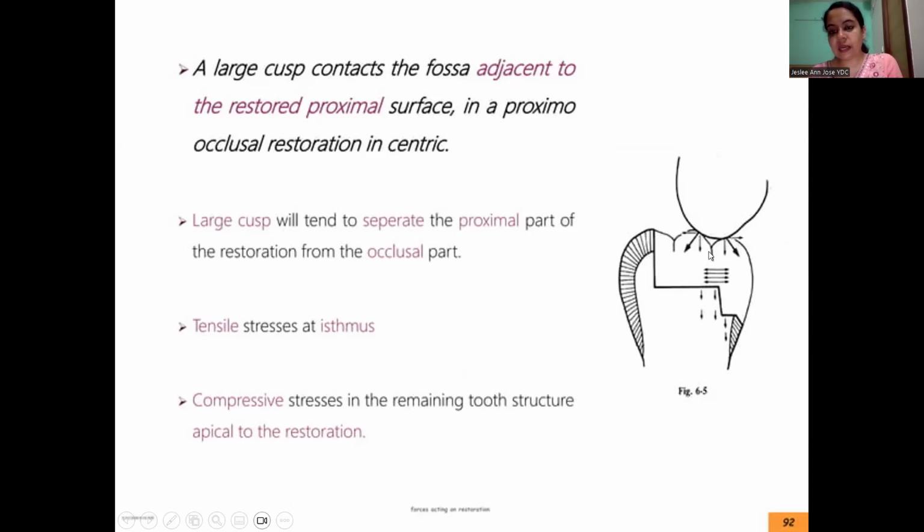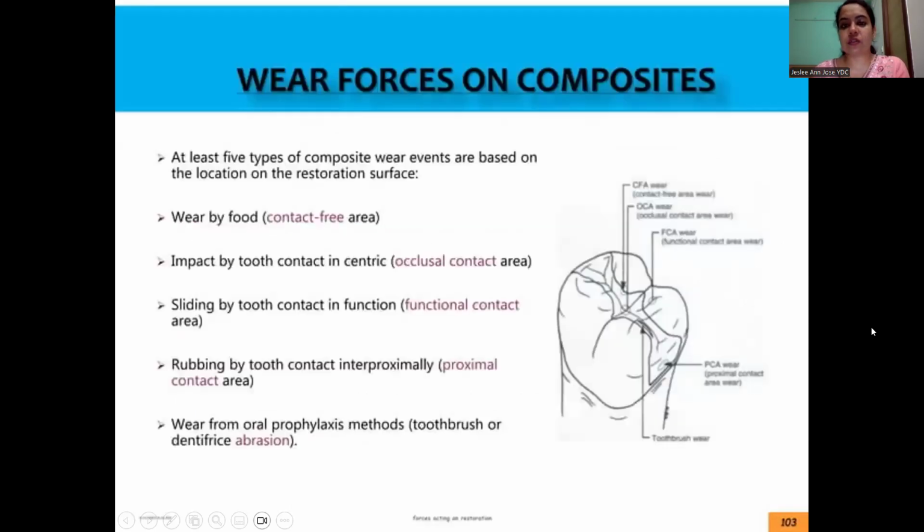But here the compressive stress, since it is in line with the long axis of the tooth, is taken care of. But the tensile stress will lead to fracture of the proximal part of the restoration.